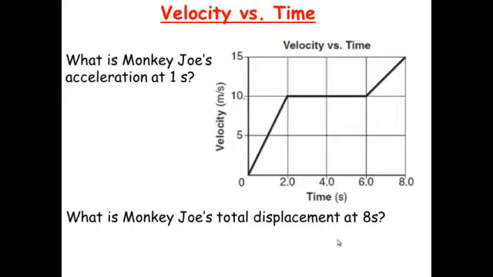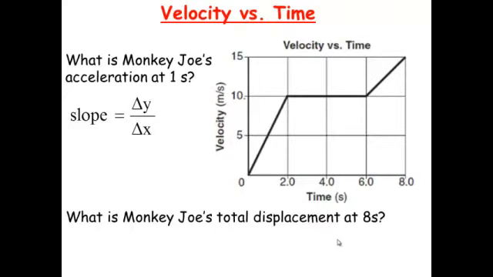Monkey Joe's acceleration at 1 second is equal to the slope of the line at 1 second. So I pick the line segment that 1 second falls on, pick 2 points on that line, and calculate the slope with change in y over change in x.